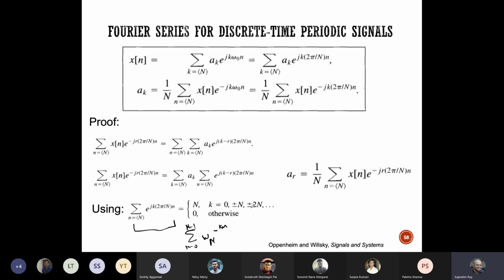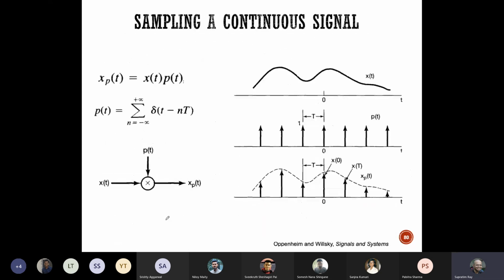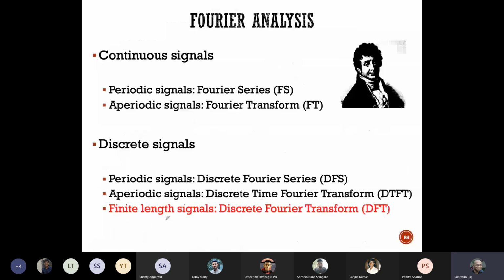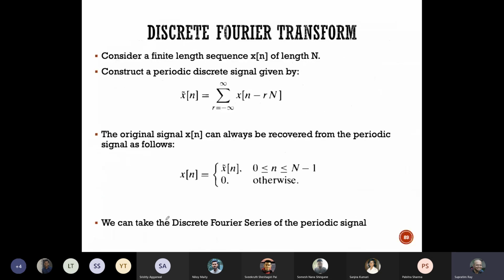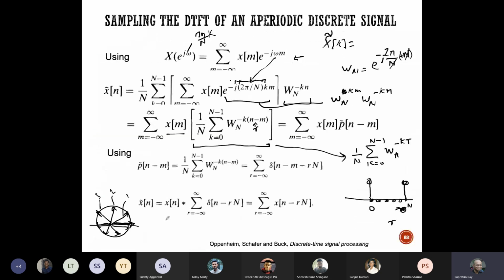So at 0, N, 2N, 3N, it's going to become N, and it's 0 otherwise. So basically doing this thing only. There's nothing else. And this we had done earlier when we were looking at the discrete Fourier series and so on. So this is the same proof that is coming here. At the end of the day, that's all we have. These two things that we have to understand.